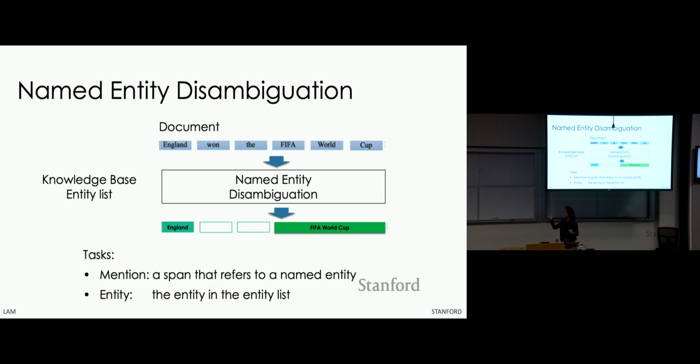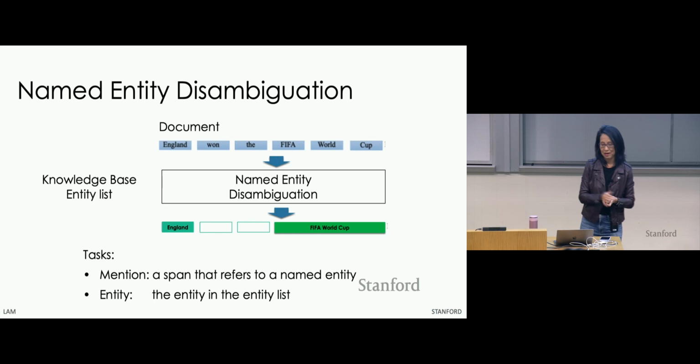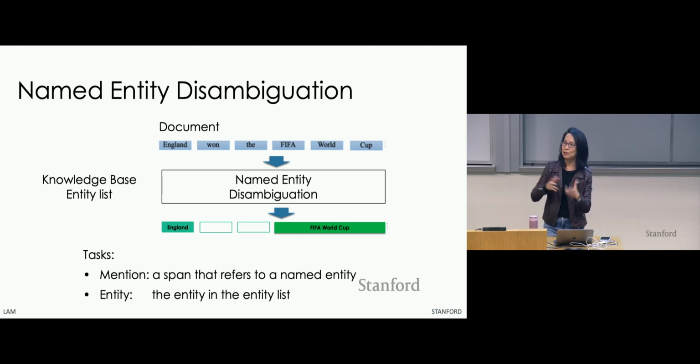You want to map it to one of these standard IDs, because you can have different newspapers referring to this group in different ways, and you really want to say that these are the activities of the same group. So everything is about tying it to a common global identity. Okay, so we've seen this problem before, and now we're talking about how we're going to do this disambiguation. So you have to find the mention, and you have to find the entity.